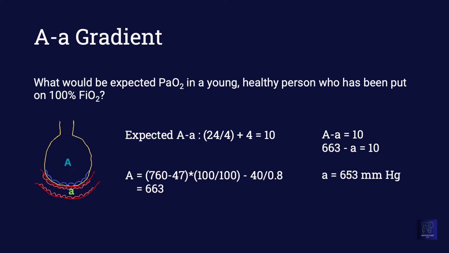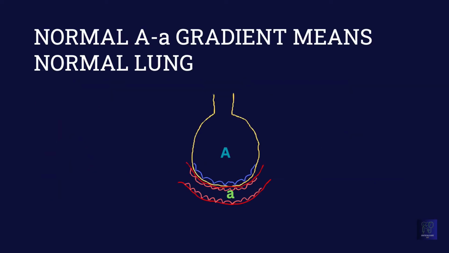So using these numbers, you can actually calculate the A to a gradient for any given patient. And if the A to a gradient is normal, then that means healthy lungs. So for practical purposes, a normal A to a gradient means normal lungs, or more precisely, normal alveolar capillary units.